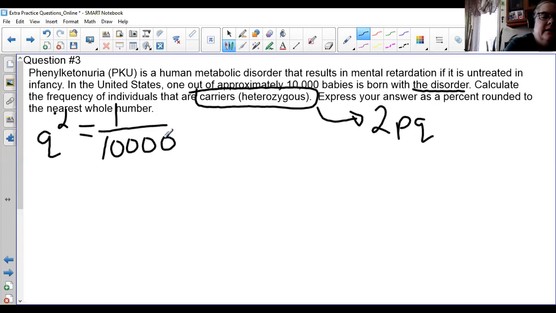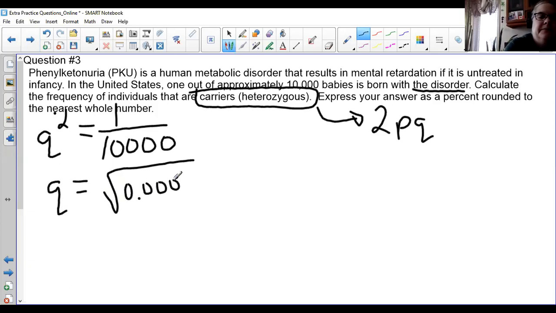Perfect. So q is equal to the square root of, and yeah, it's easier for me to write this as a decimal, which equals 0.01. Okay, well, I've got a q value, but I'm still stuck figuring out my p value. So how do I get p here?